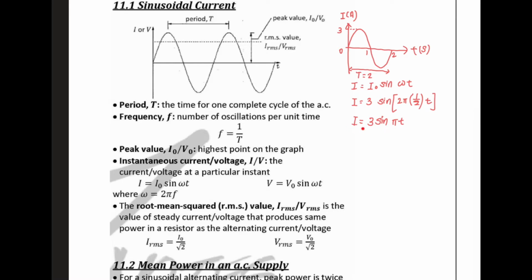For example, let's say the question asks when t equal to 3.5 seconds, I equal to what? This is the instantaneous current at that particular time. So I equal to 3 sine pi times 3.5.